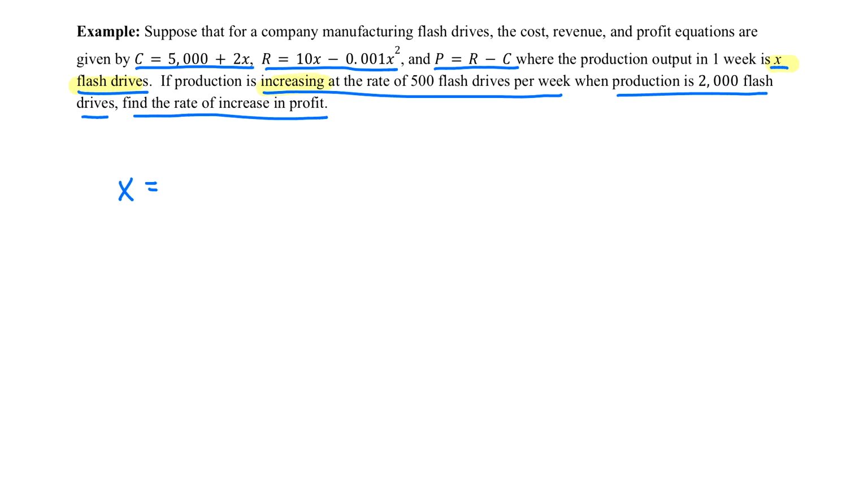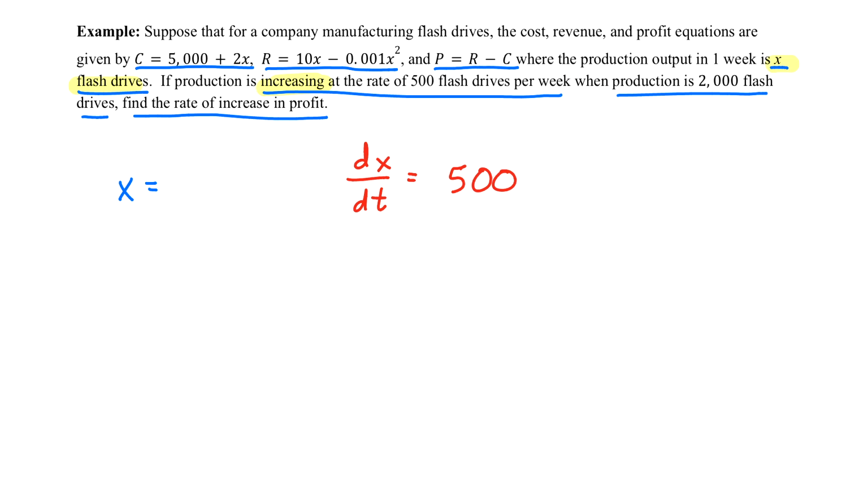So that's actually not going to be x, that's going to be dx over dt. So dx over dt is 500, and I know it's going to be positive because it's increasing, being a positive rate of change.